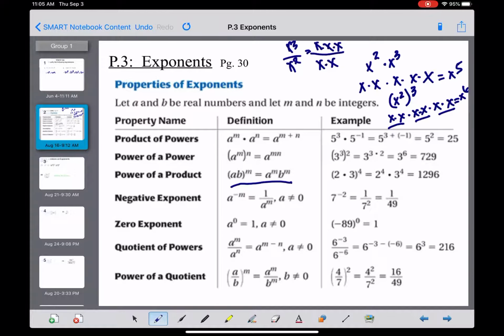Since it's all multiplication, I can cancel those out, and I'm left with just x, so 3 minus 2. And if they're negative exponents, you can still do that. You just want to be careful with the minus and negative. And then a power of a quotient, we can distribute that power to both the a and the b, no matter what the base is.